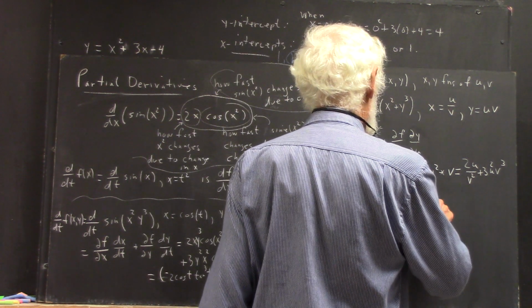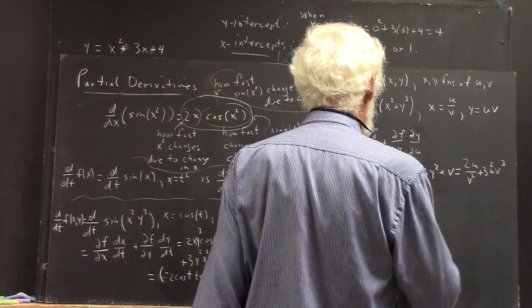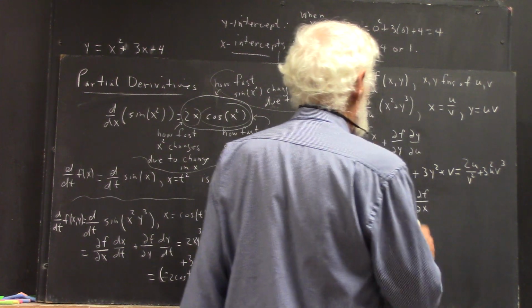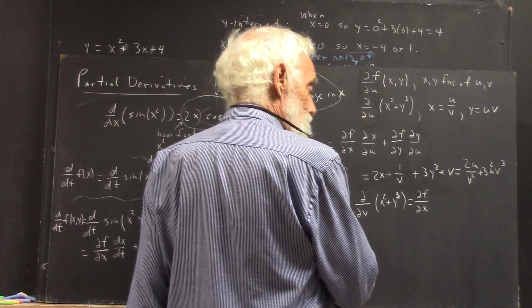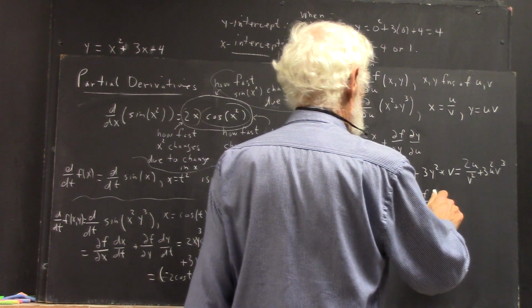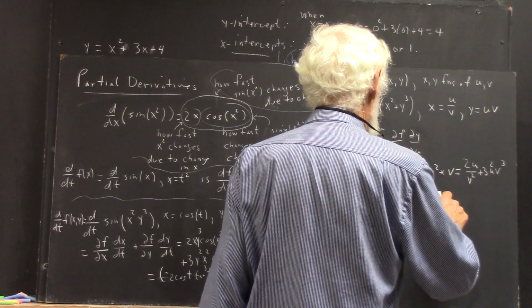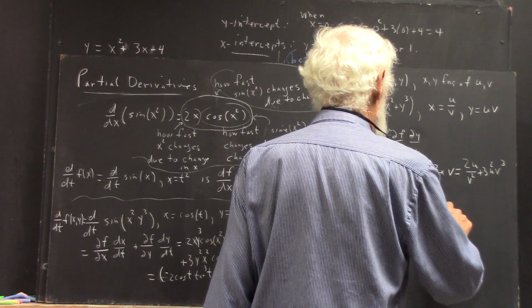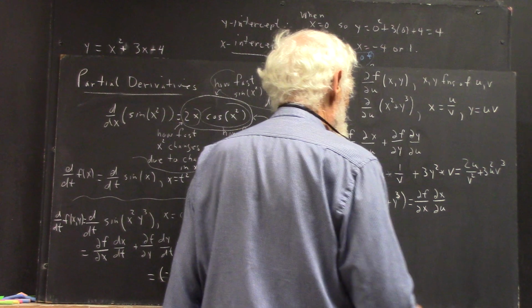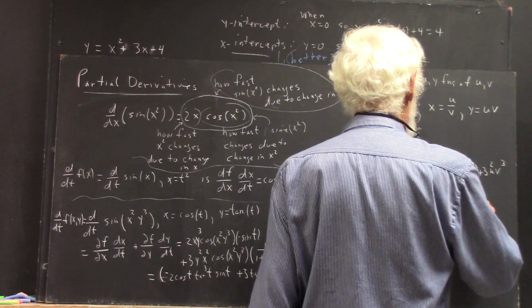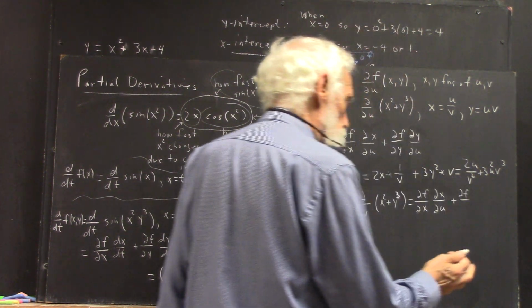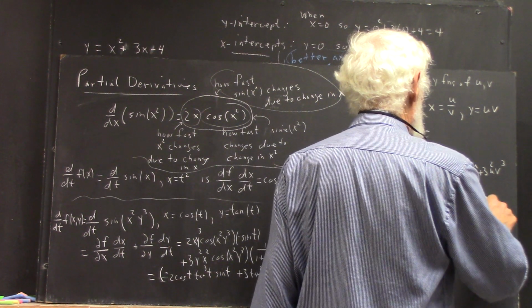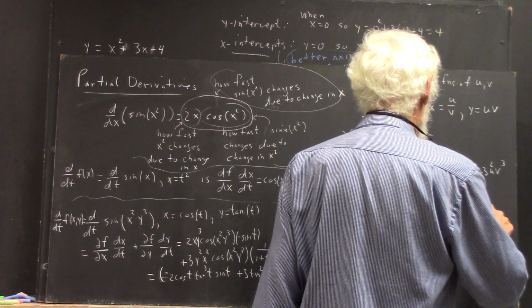Okay, well, that's the rate at which x drives a change in this function, times the rate at which x changes with respect to v, plus the rate at which the function changes with respect to y times the rate at which y changes with respect to v.